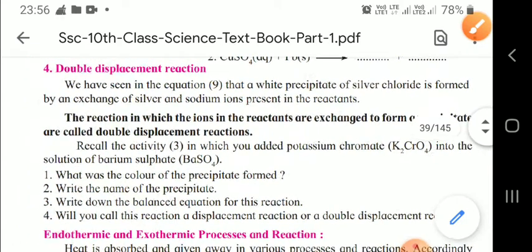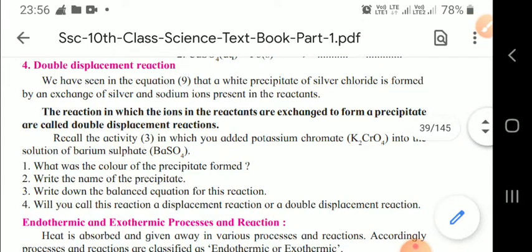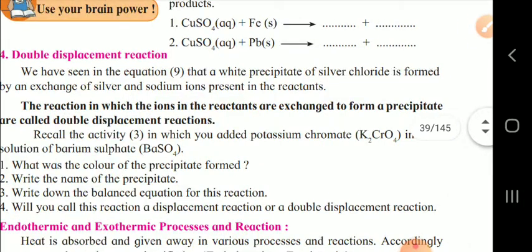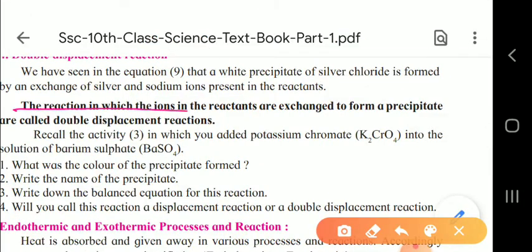This definition you have to underline, children. The reaction in which the ions in the reactants are exchanged to form a precipitate is called the double displacement reaction.